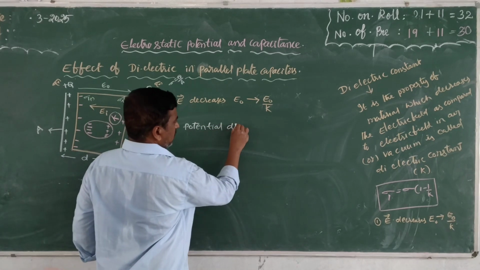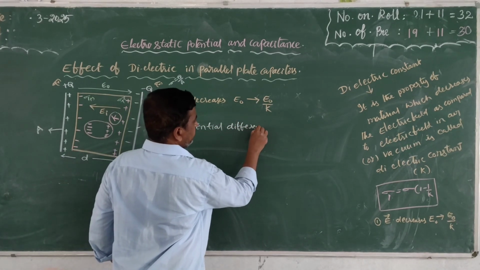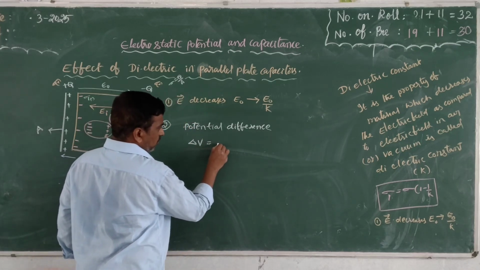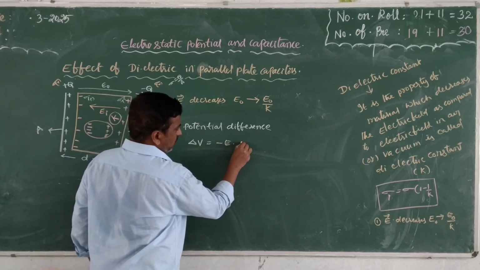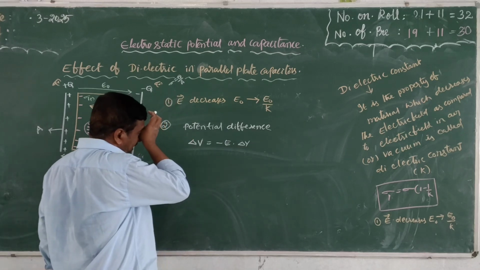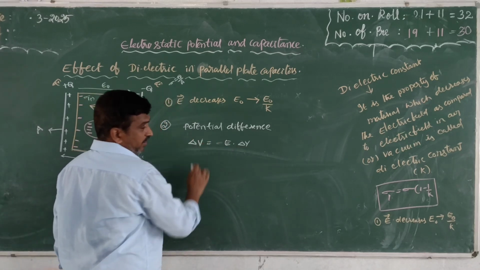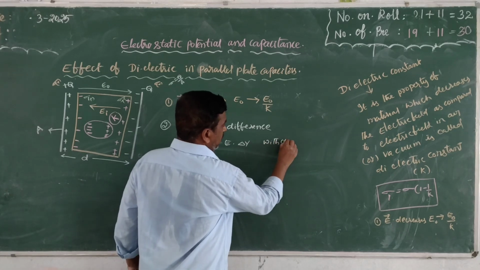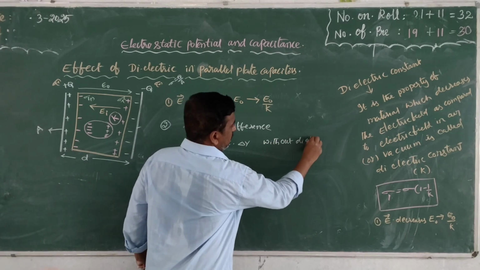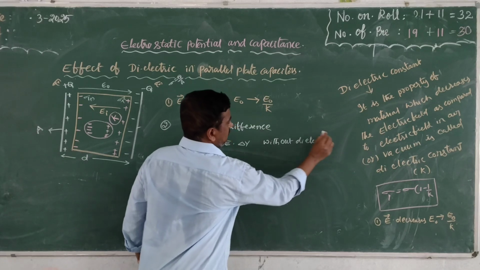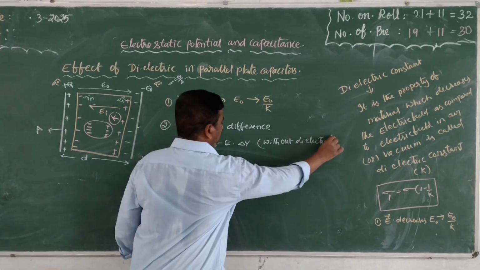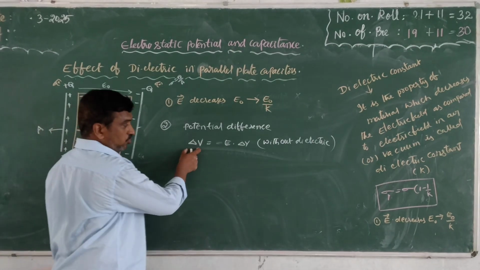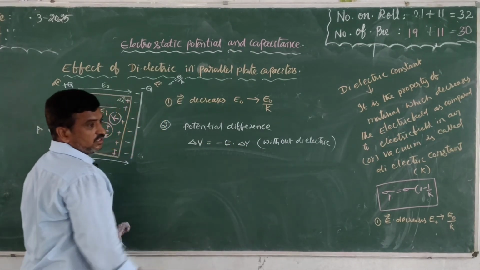For potential difference, the formula is delta V equals minus E dot delta R. We can take the magnitude, so no need for the minus. Without a dielectric, delta V equals E times delta R, where delta V is the change in potential and delta R is the distance between the plates.